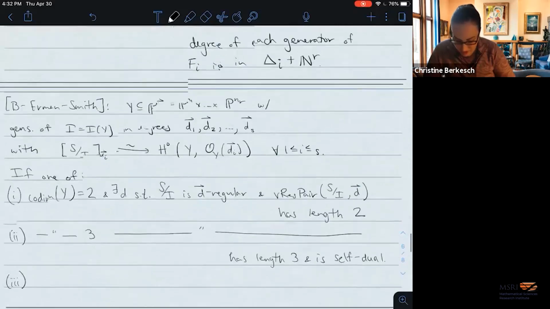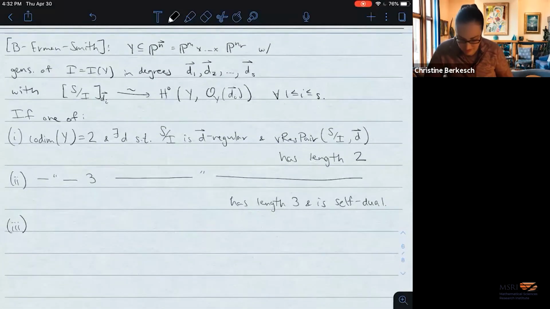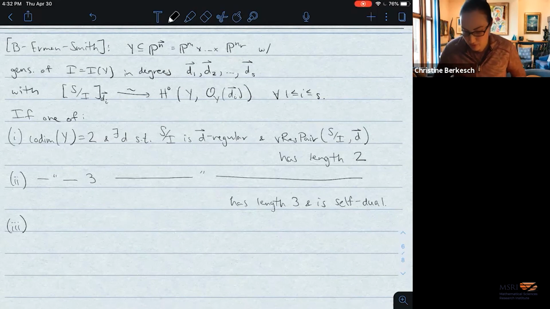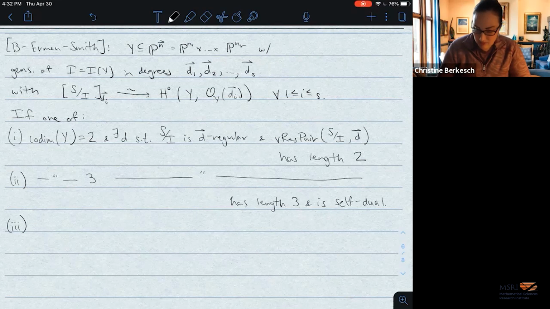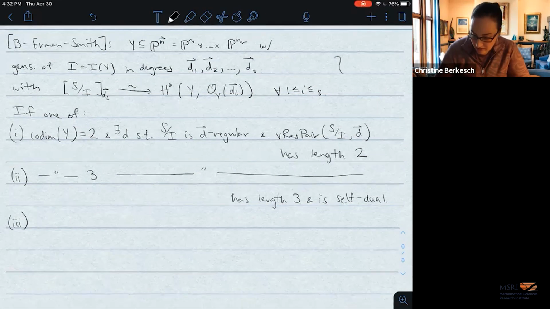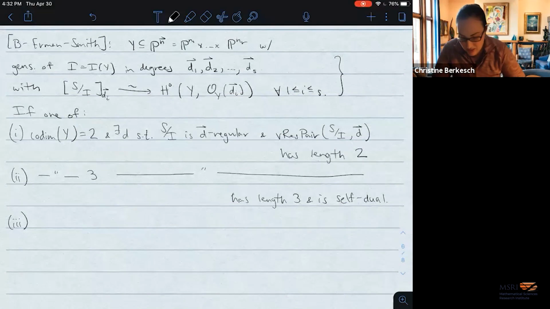So this is why I cheated a little bit and started writing, because there's a lot to write here. Let me tell you what I've written so far so you can process, and then I'll keep filling in. So we're still in a product of projective spaces, and we need one condition here on our ideal. And that's that looking at our generating degrees, we get this isomorphism.